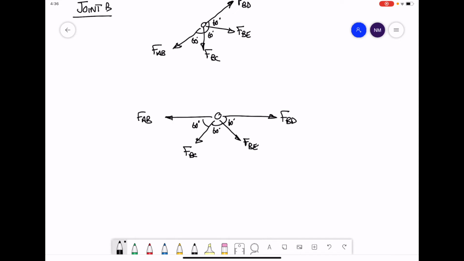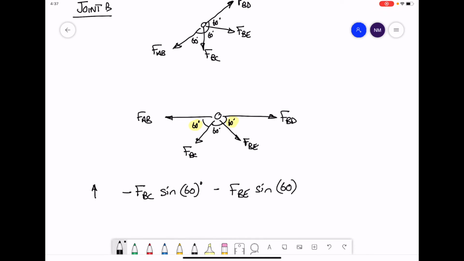Now with the joint rotated, we can do a vertical resolve, and that would give us minus force BC, using the angle of 60 degrees to the horizontal, minus force BC sine 60 degrees, minus force BE sine, using this 60 degrees.